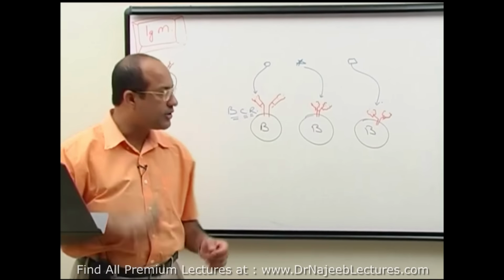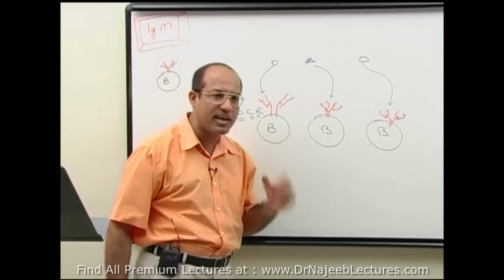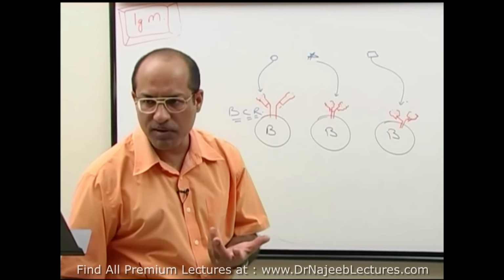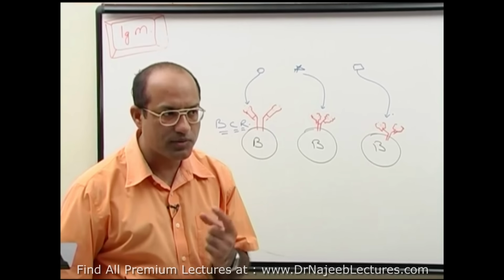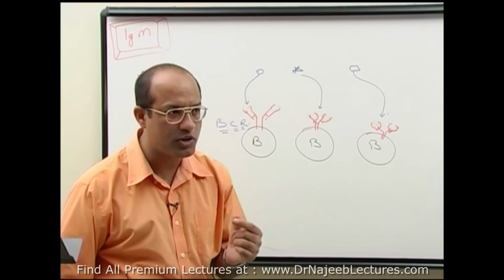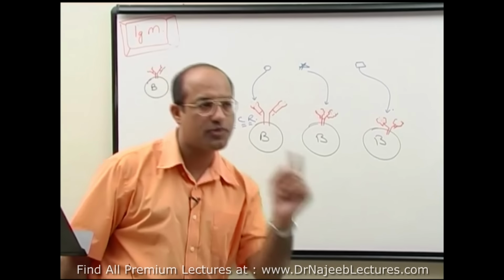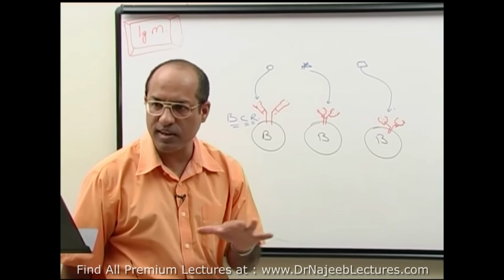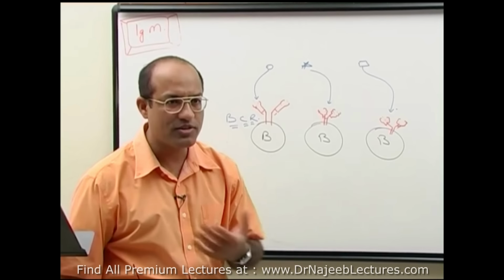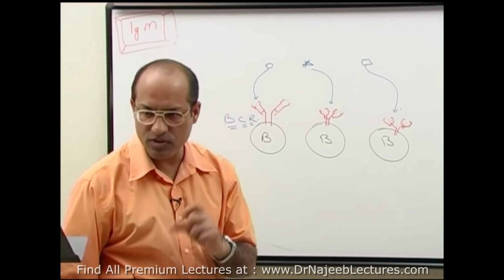So actually different B cells have a capability to produce antibodies which are specific for different antigens. All B cells cannot make antibodies for the same antigen. Is that right?